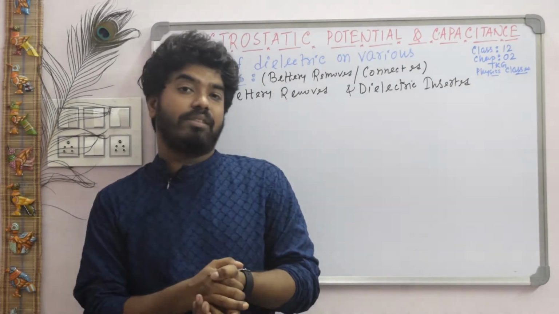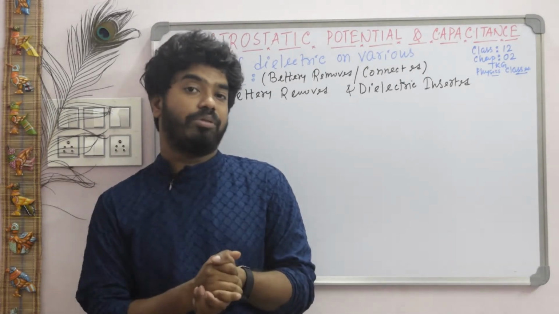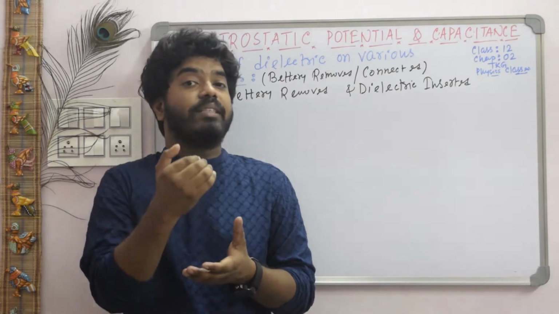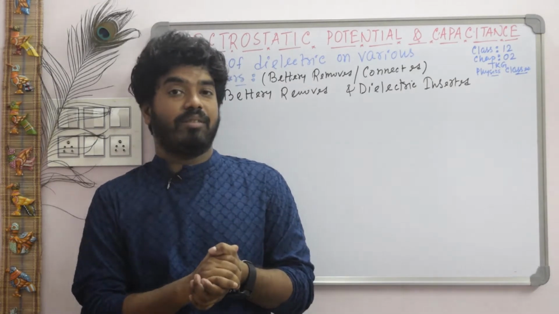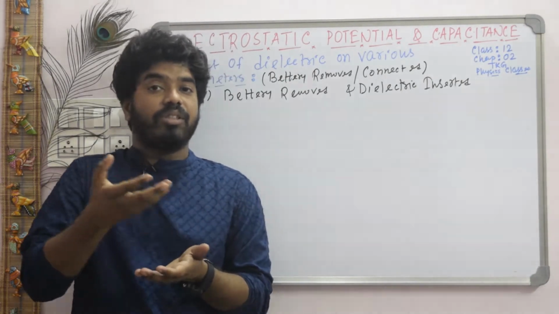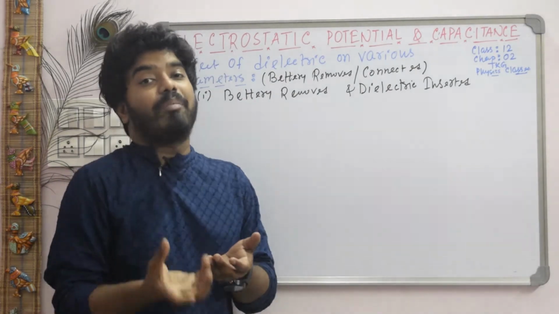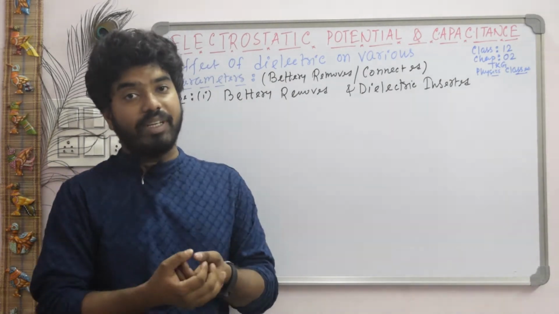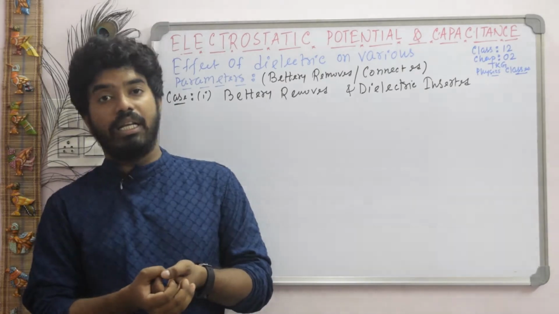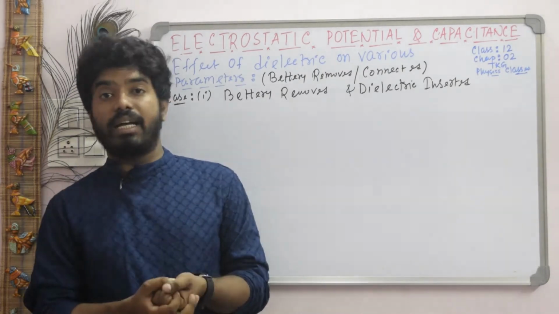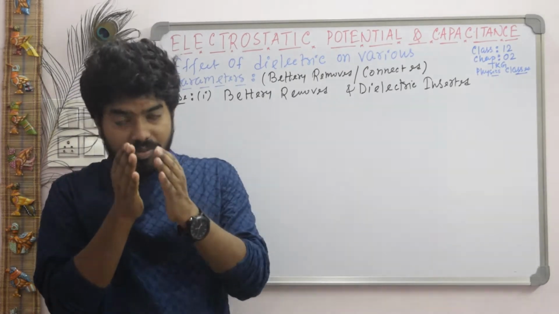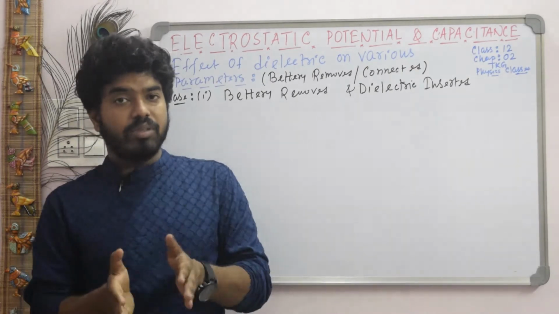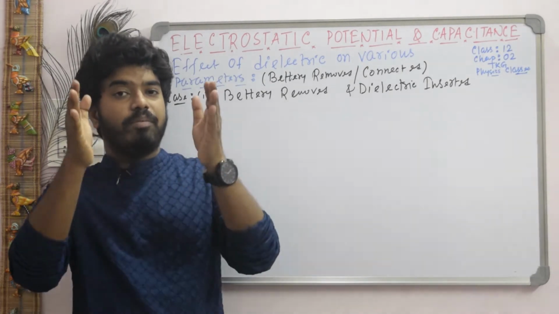Then you have to find out what the changes will be: does the value of charge change or not, the value of capacitance, the value of electric field, the value of electric potential, the value of electric potential energy.